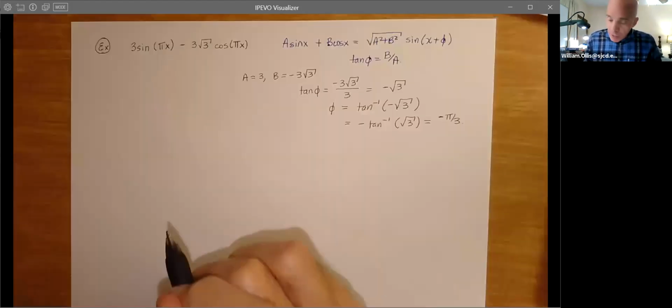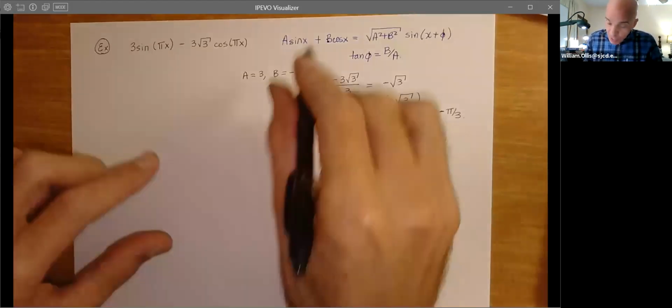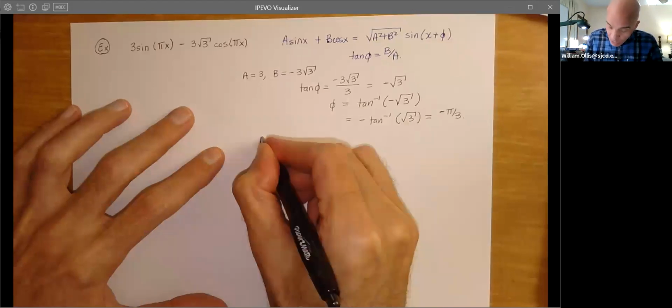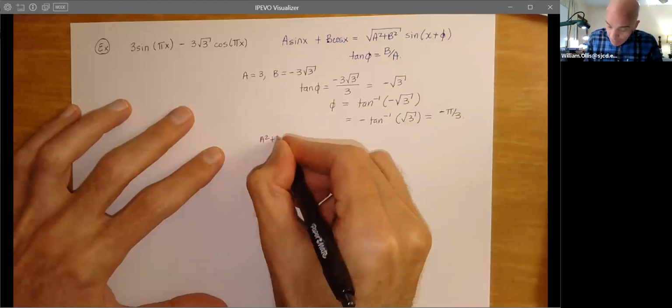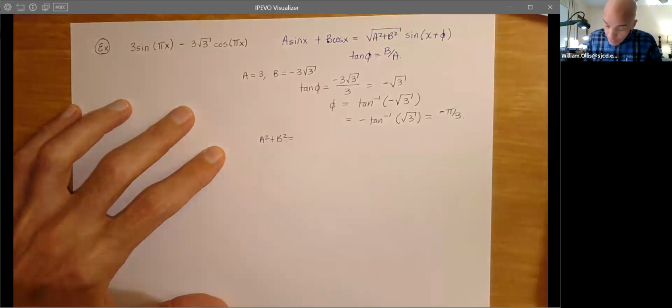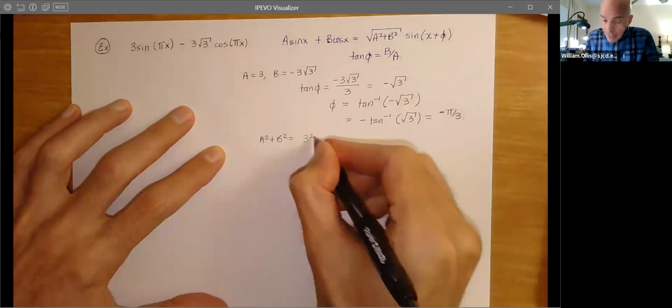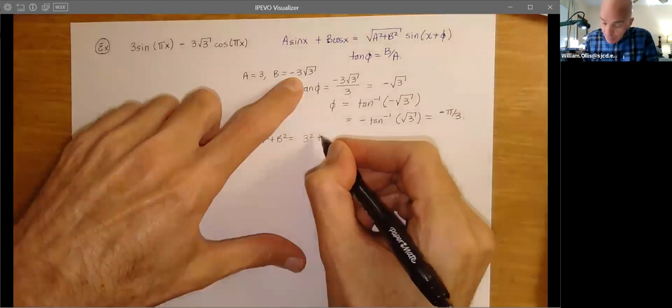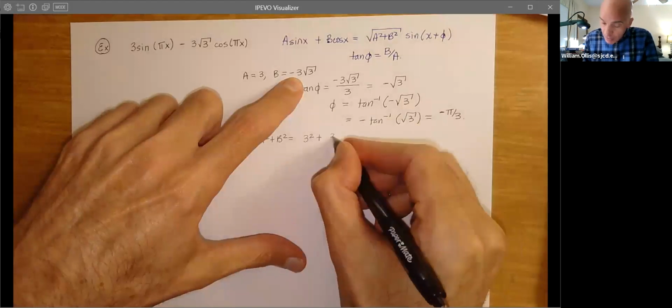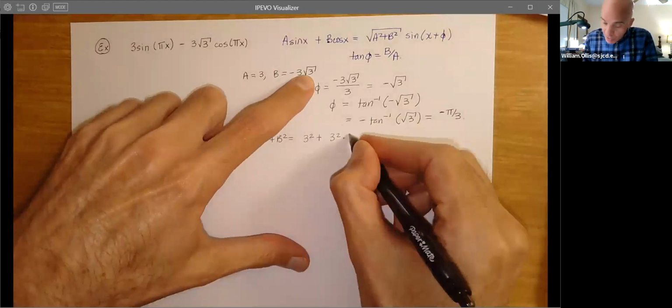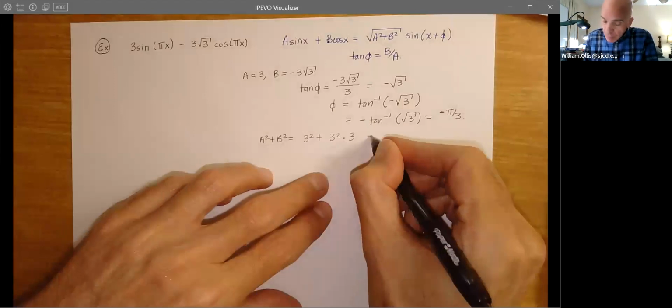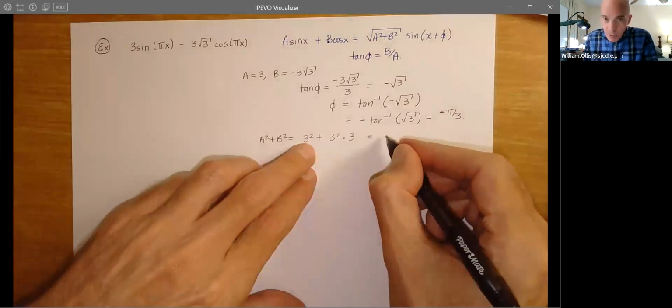Now, the only thing that's left is the a squared plus the b squared. A squared plus b squared gives us 3 squared. And then we square the negative 3 times root 3, that'll give us 3 squared, and if we square the square root, that just gives us 3. So that's a 9 times a 1 plus a 3.